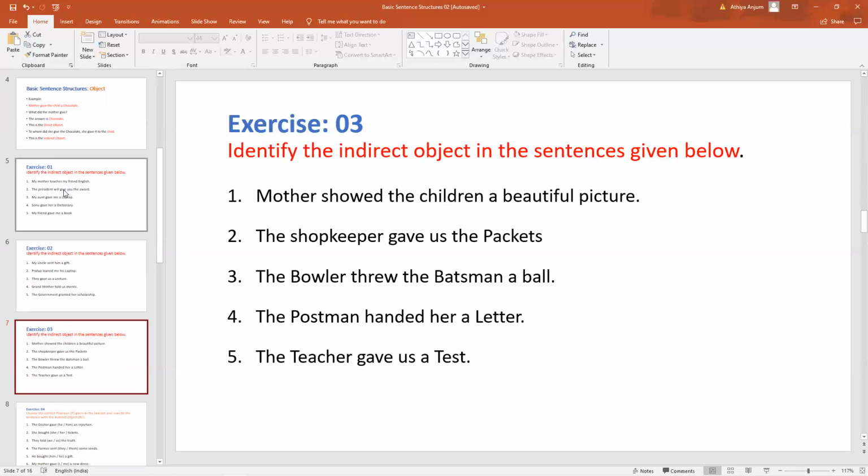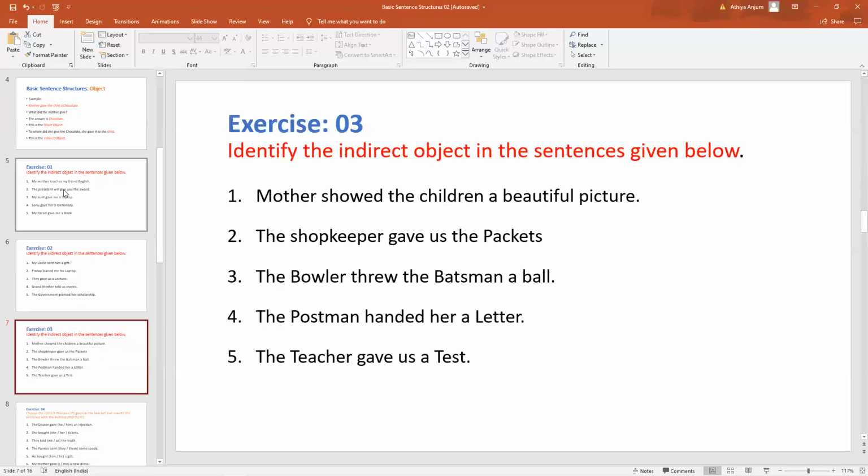Then the next one, mother showed the children a beautiful picture. So same thing here also. Identify the verb, then find out the direct object, and from the direct object find out the indirect object. Right. The next one, the shopkeeper gave us the packets. Same procedure. All right.